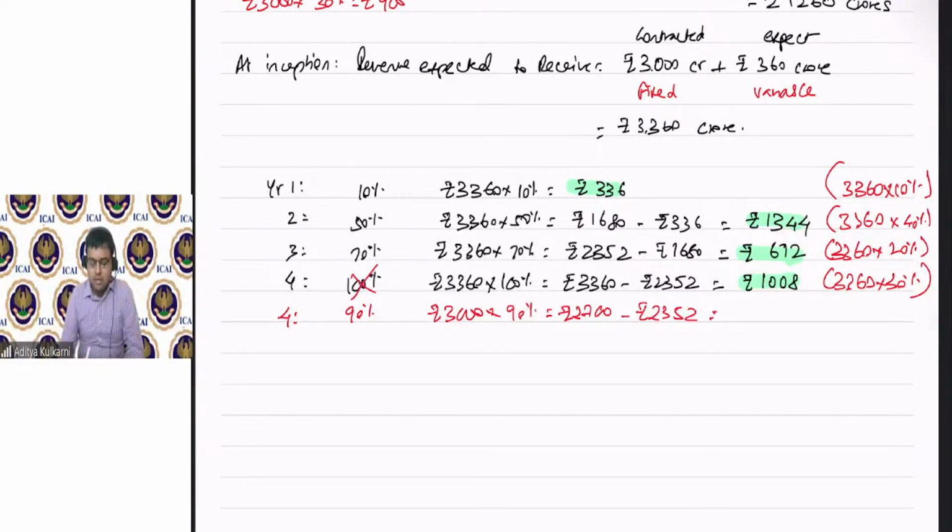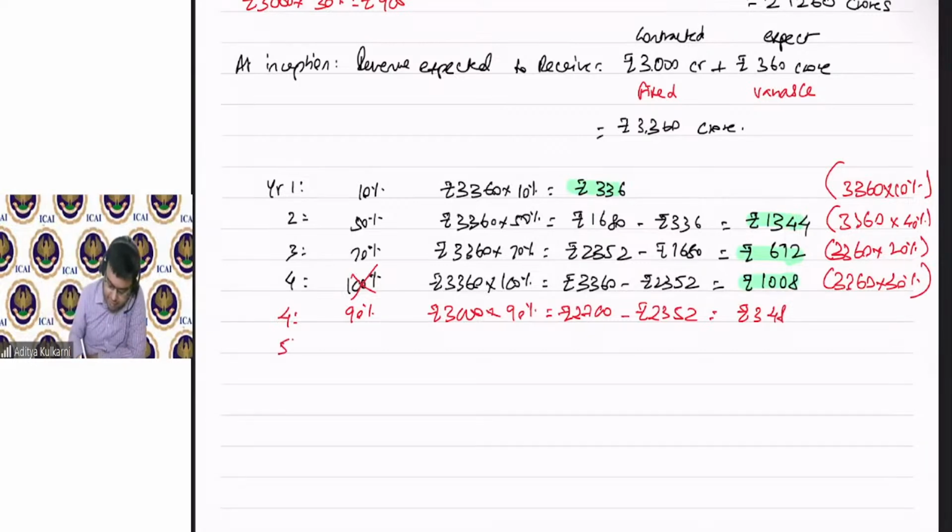So 2,700 minus 2,352, 348 is the revenue that I will be booking. And now, can you explain to the reader of financial statements why this happened? Answer is yes. I have reasons to give why my revenue has dropped to 3,000 crores, why it should not be 3,360 crores bonus. Why did I have to de-recognize it?